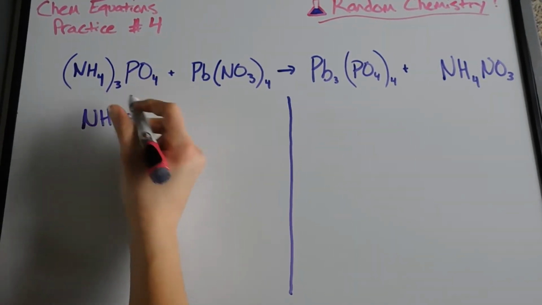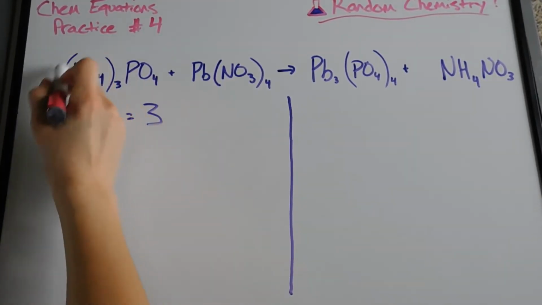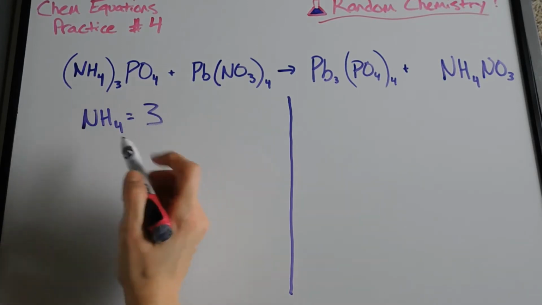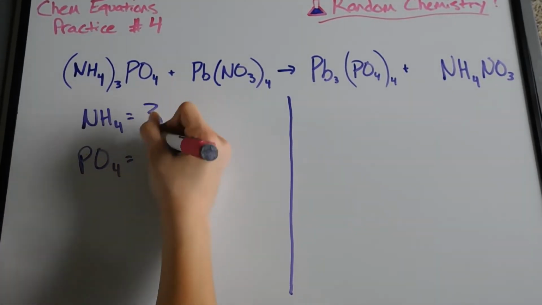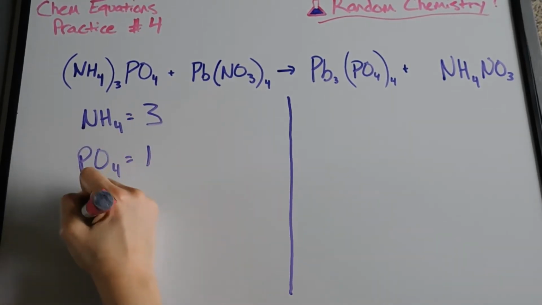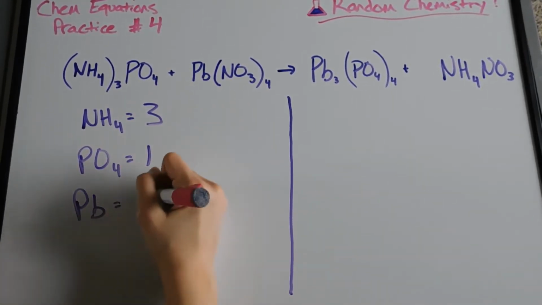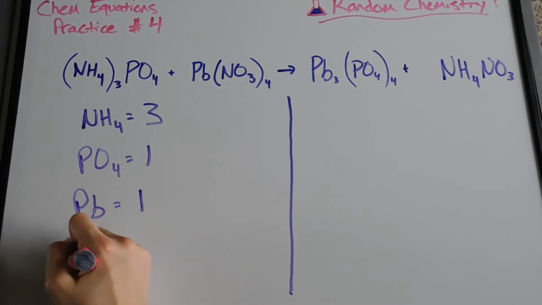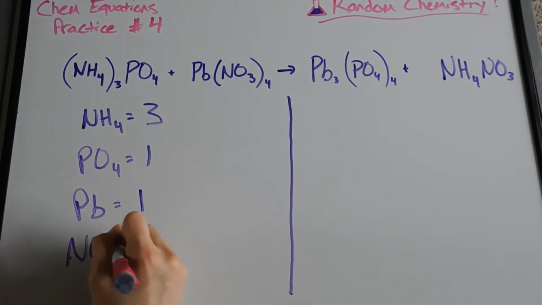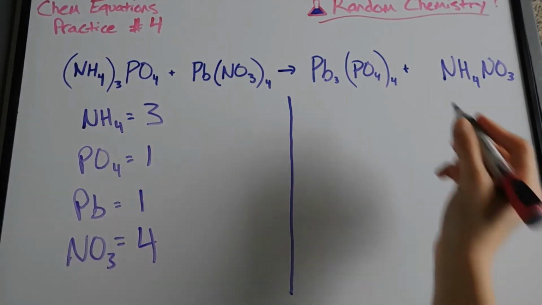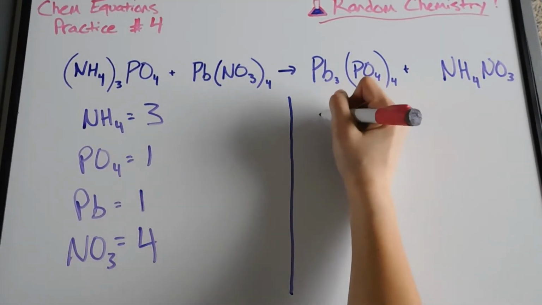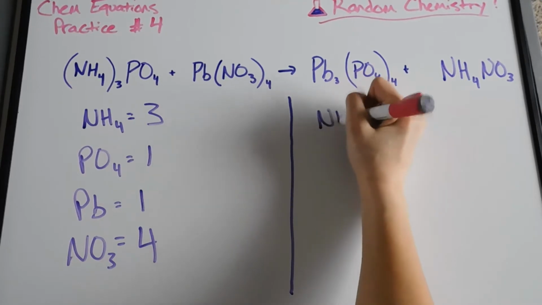So NH4, and we have 3 of them because it's in parentheses with a subscript of 3. PO4, we have 1. PB, 1. And NO3 has a subscript of 4, so we have 4. So on this side, let's keep them in the same order.